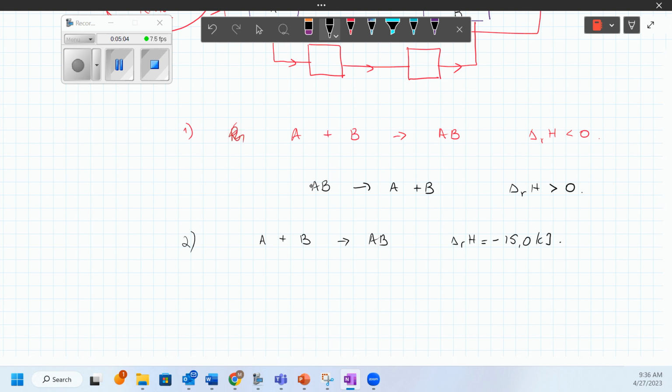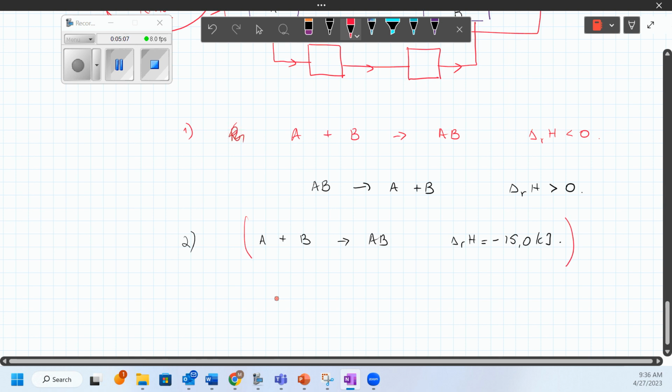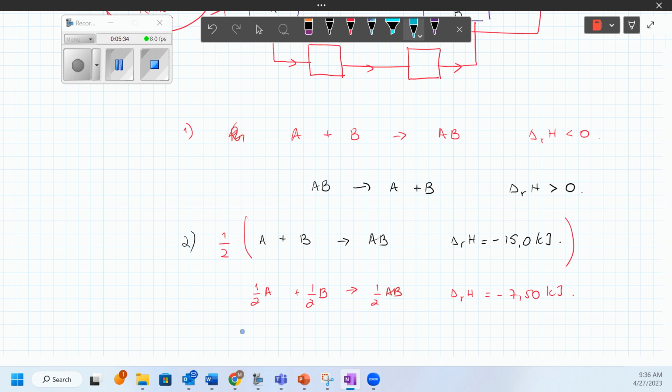And then what I do is I multiply this by a coefficient of 1/2. Then the reaction will be 1/2A plus 1/2B gives me 1/2AB, and the enthalpy of the reaction will be negative 7.50 kilojoules. And if I'm flipping this, applying the first and the second rule, then I go 1/2AB gives me 1/2A plus 1/2B, and then the enthalpy will be positive 7.50 kilojoules.